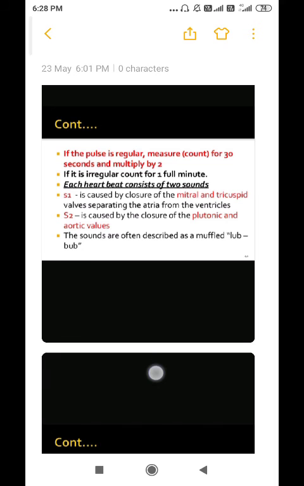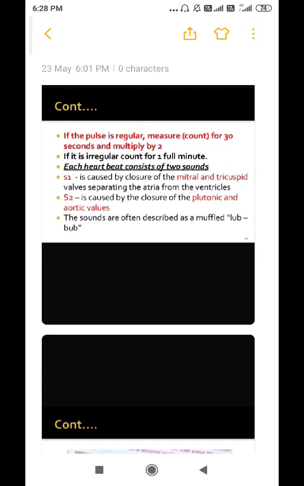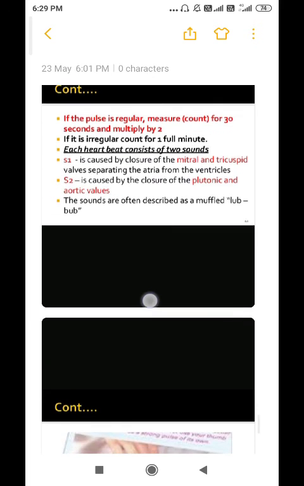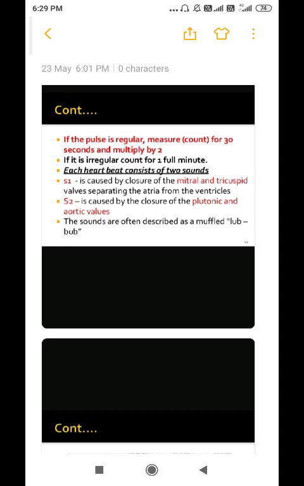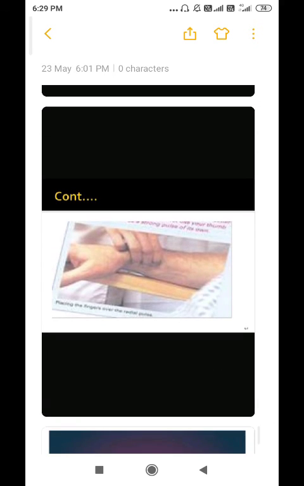Okay, and the sounds are often described as muffled, like lub and dub. S1 is lub and S2 is dub. So the heartbeat consists of how many sounds? Two sounds, S1 and S2, lub and dub. Okay, so here you check the pulse rate like this.